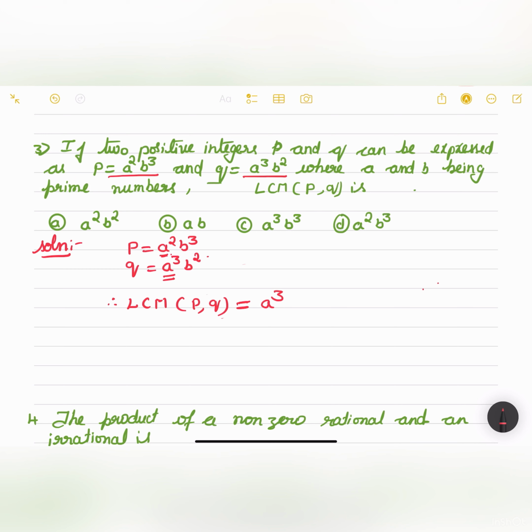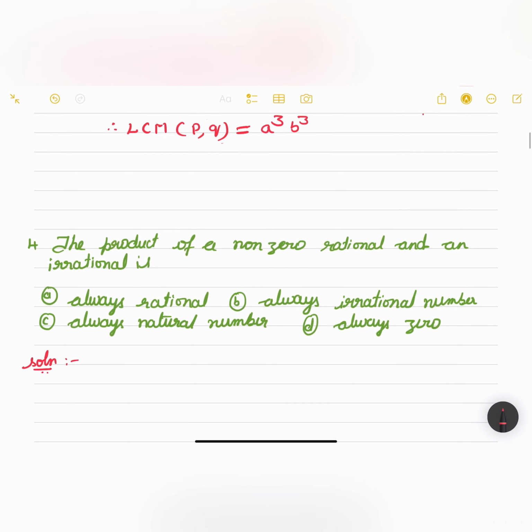And then we have B cube and B square, and the highest power of the prime factor is B cube. So we have to take that B cube. Hence the correct option is C, A cube B cube.